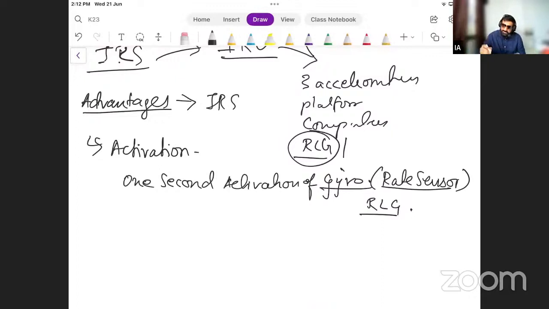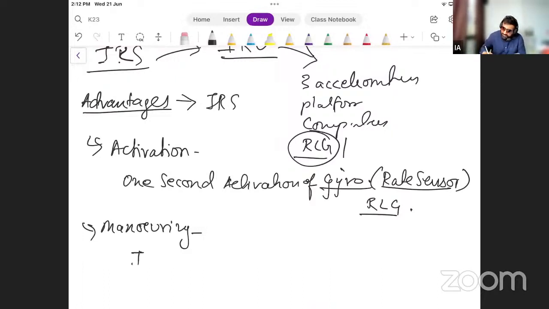Okay. Second benefit is maneuvering. Whenever the aircraft is maneuvering, pitching up or rolling, the effect of gravity, which could give me wrong indication, is not impacting my IRS. So it is insensitive to the G attitude, we could say.